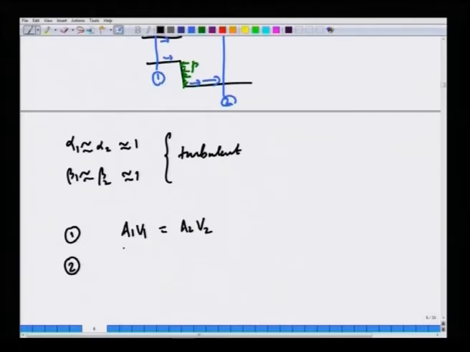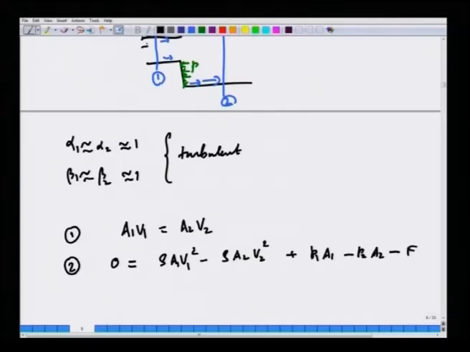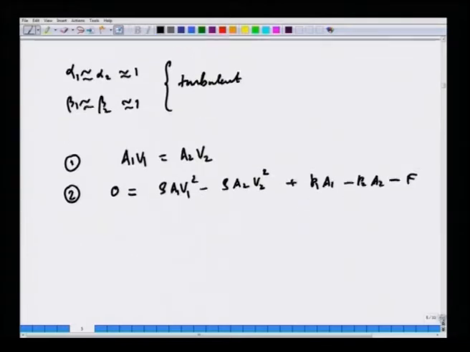The momentum balance tells you that at steady state, 0 is rho A1 V1 squared minus rho A2 V2 squared plus P1 A1 minus P2 A2 minus F, where P1 A1 and P2 A2 are the forces acting when the fluid is entering and leaving the control surface, and F has both the tangential and normal components.